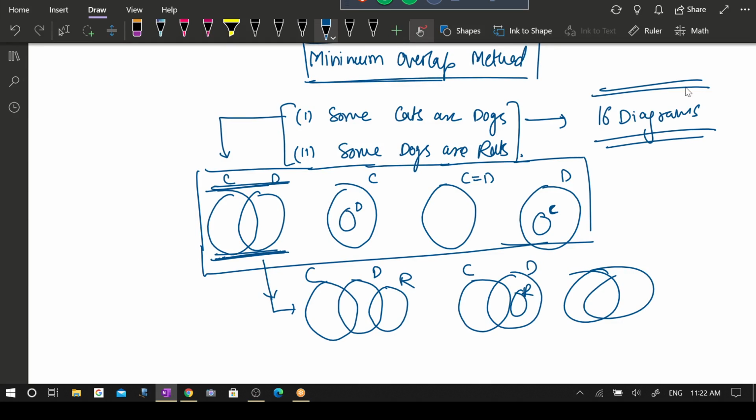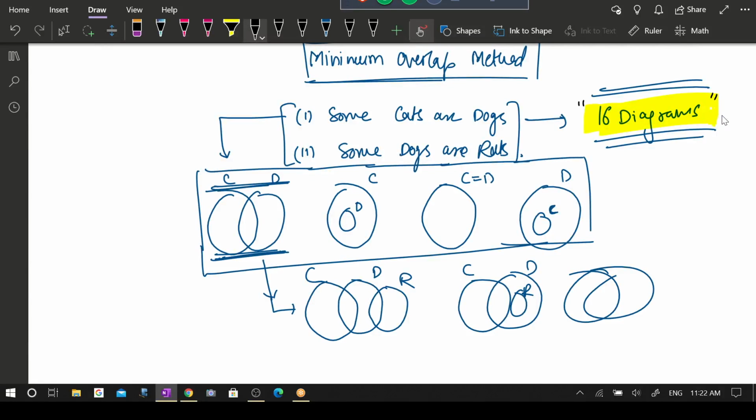I would have 16 damn diagrams. Now this understanding would definitely be beyond the argument between a husband and a wife. How would you draw 16 diagrams and then conclude something? Do you think this is possible? No, it is not possible.